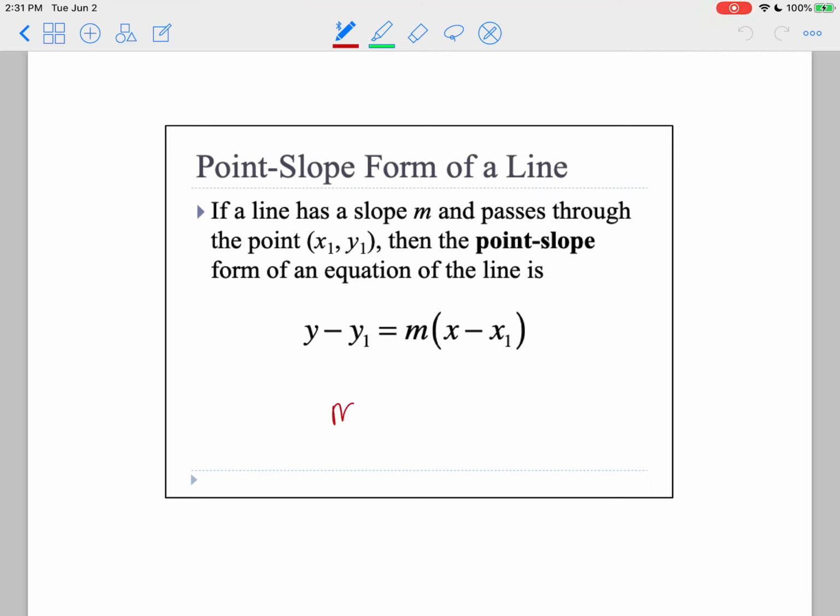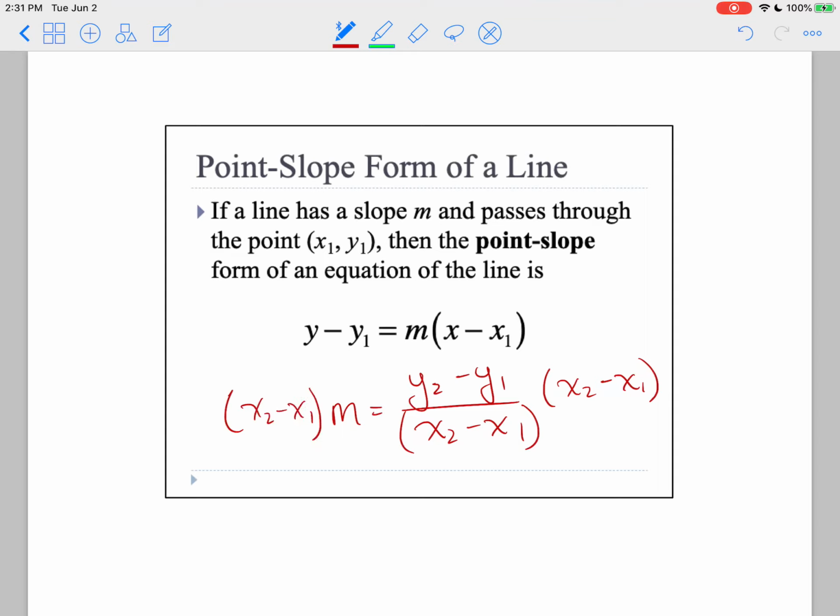We know the slope formula is y2 minus y1 over x2 minus x1. I'm going to multiply both sides of this equation by x2 minus x1. So I'm essentially moving this from the denominator and putting it over here.